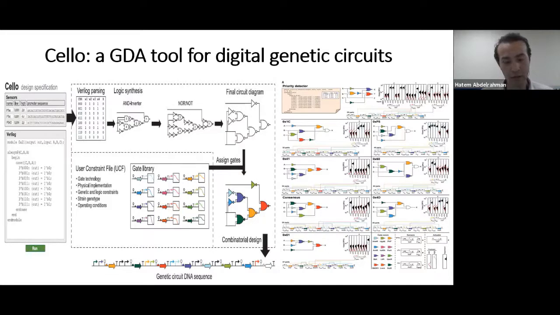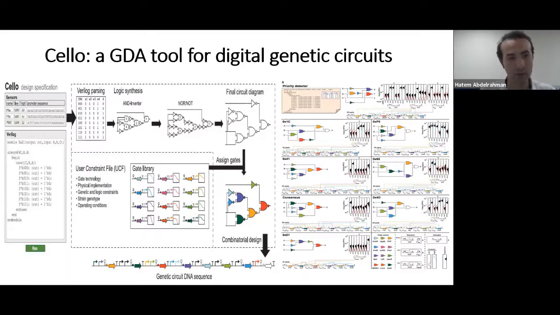And this uses already genetic logic gates with known sequences, because these are already fully characterized. So once you just connect the logic gates, you arrive at the final sequence. You can then do some sort of optimization of the sequence, but the full automation of this tool allows you to design more complex genetic circuits that can perform more complex digital operations inside the cell.